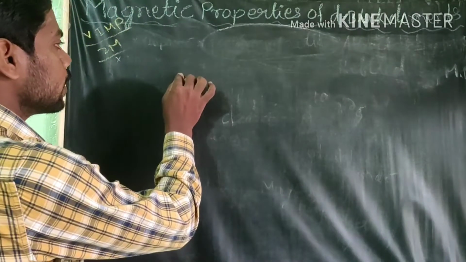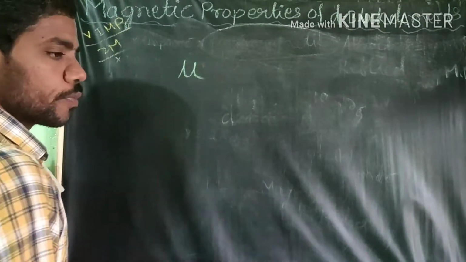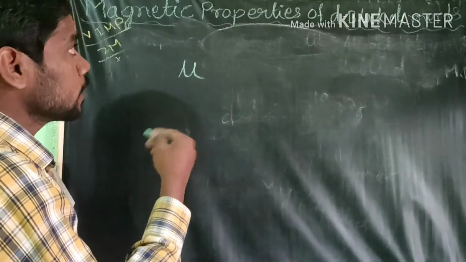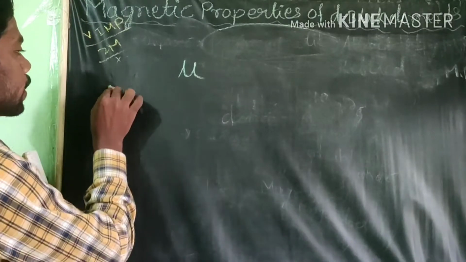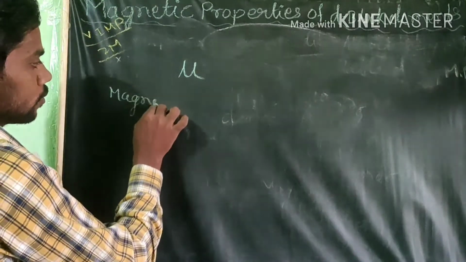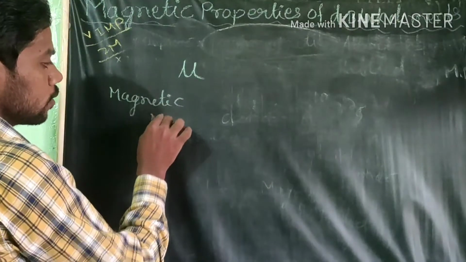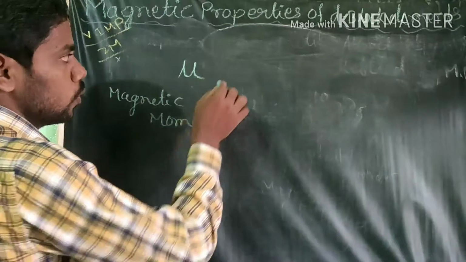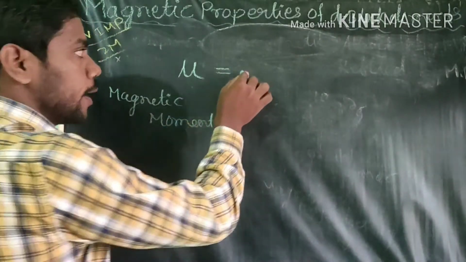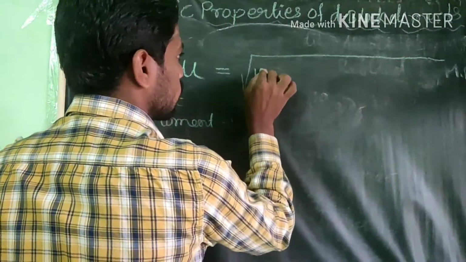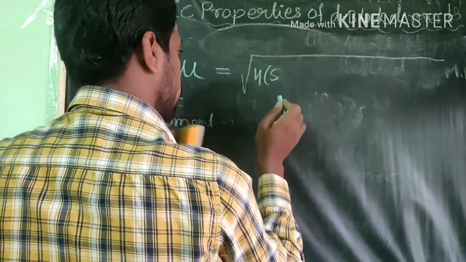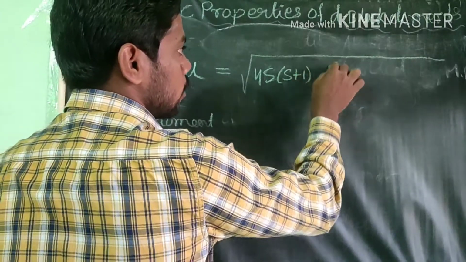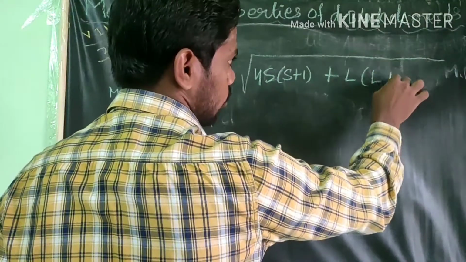Okay, the magnetic moment is calculated by the formula mu. The magnetic moment is denoted by mu. The mu is given by the square root of 4 s into s plus 1 plus l into l plus 1.